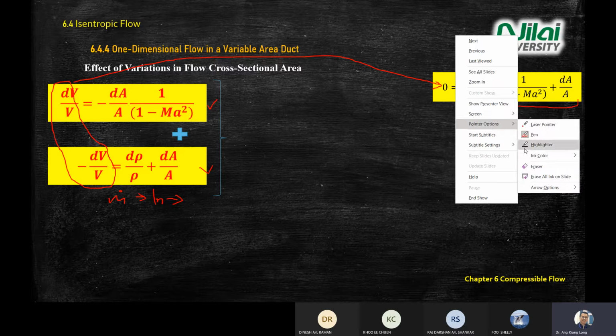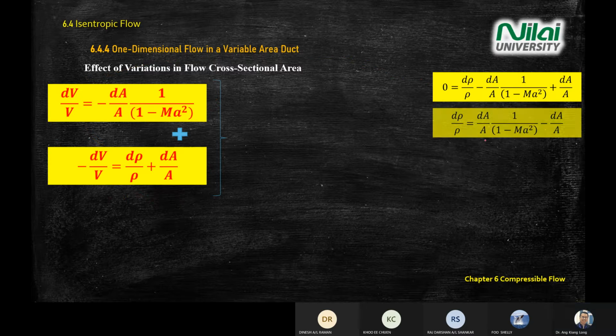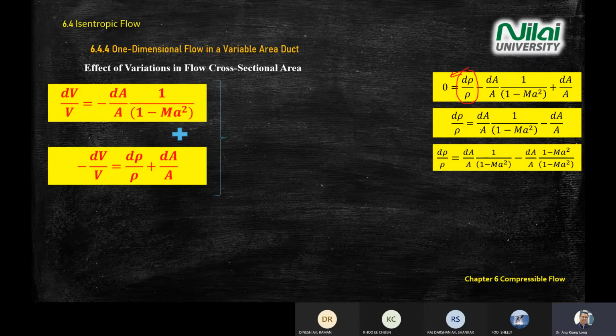Then you focus on the right hand side. We rewrite the equation in terms of density. You move this one to the left hand side, and you will see your density differentiation equal to this form, equal to this equation. You pull the A together, we rewrite the equation again.